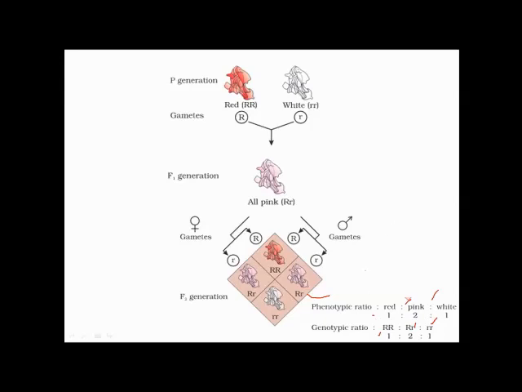So the phenotypic result should be 3 is to 1 according to Mendel, but it is not 3 is to 1, it comes to 1 is to 2 is to 1. So both the ratios are similar. This signifies that there is a blending taking place, or that the parental combination is not necessarily there in the F1 generation.